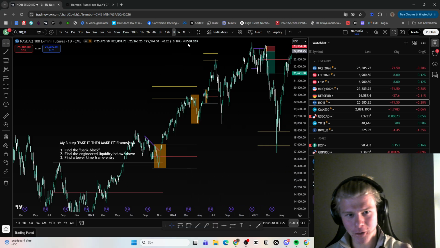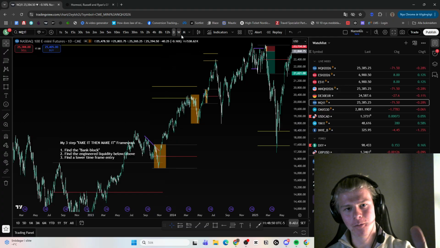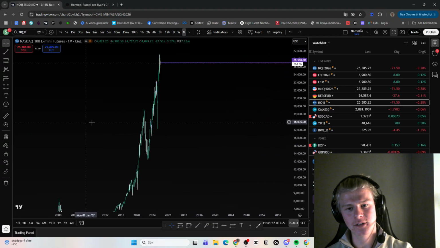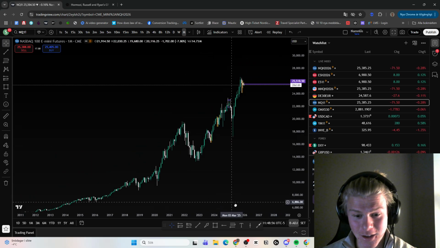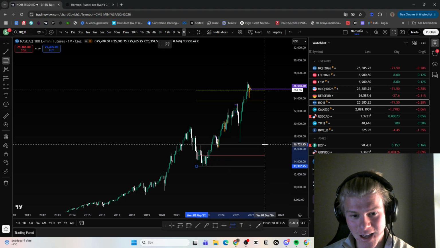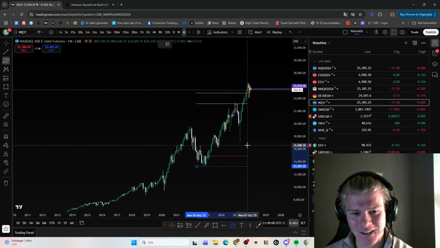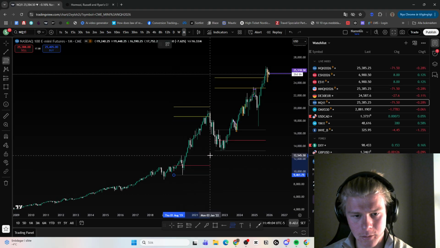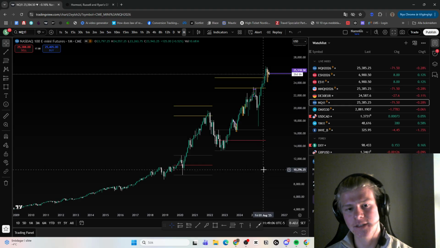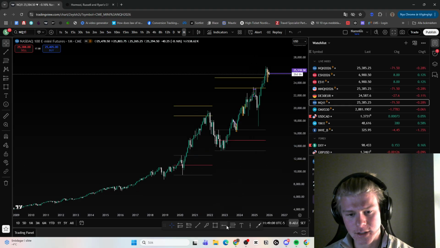So if you get a monthly one, you're still working with the monthly one, and then on the lower time frame ones, you work with the daily and the weekly ones. Look at that. Look at the COVID. Right? It's highly efficient.